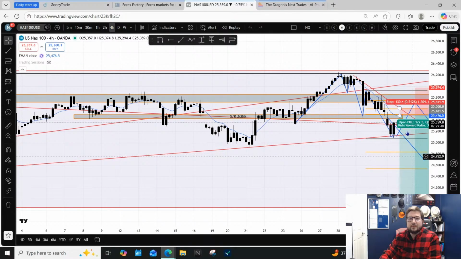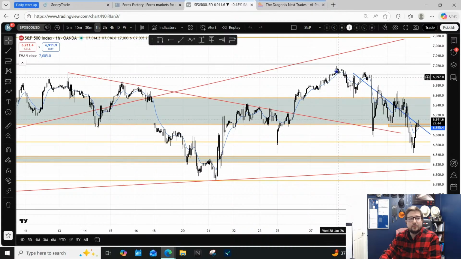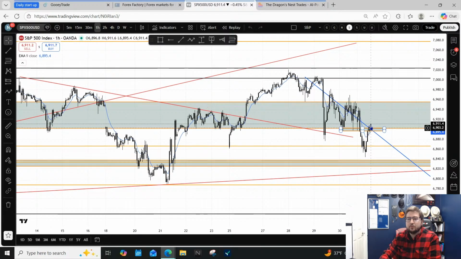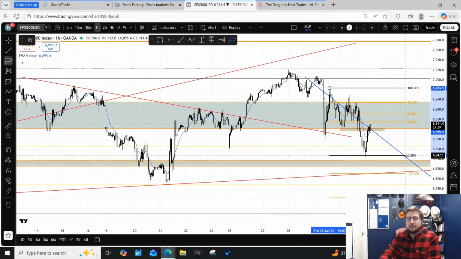Over the next 4 hours, again, keep an eye on NASDAQ, potentially silver. I'm not sure about S&P 500. Look at that. It broke through this previous minor support resistance zone here. So now we're at that 50% zone that we drew out earlier from this high to this low. We are pretty much tapping that 50% right now.